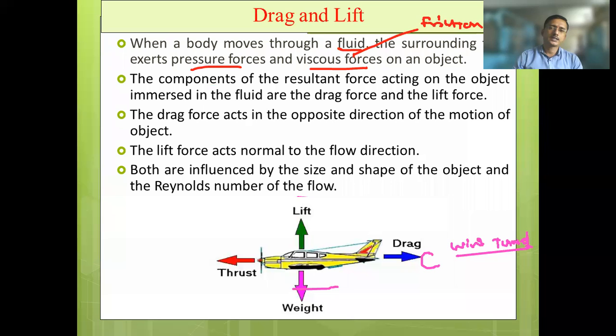The drag force acts in opposite direction of the motion of object.